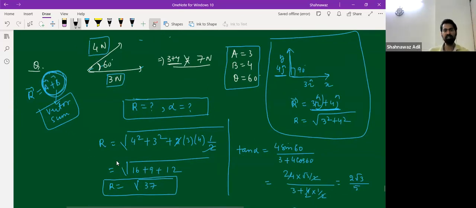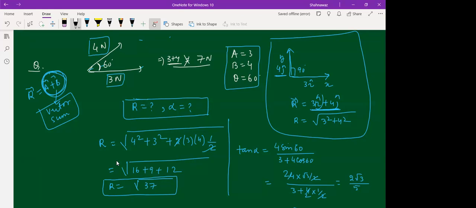Just remember that we are learning vector calculus. So all those operations that we have done so far about algebra, just forget about that. We have to be very careful with the magnitude of these two vectors.